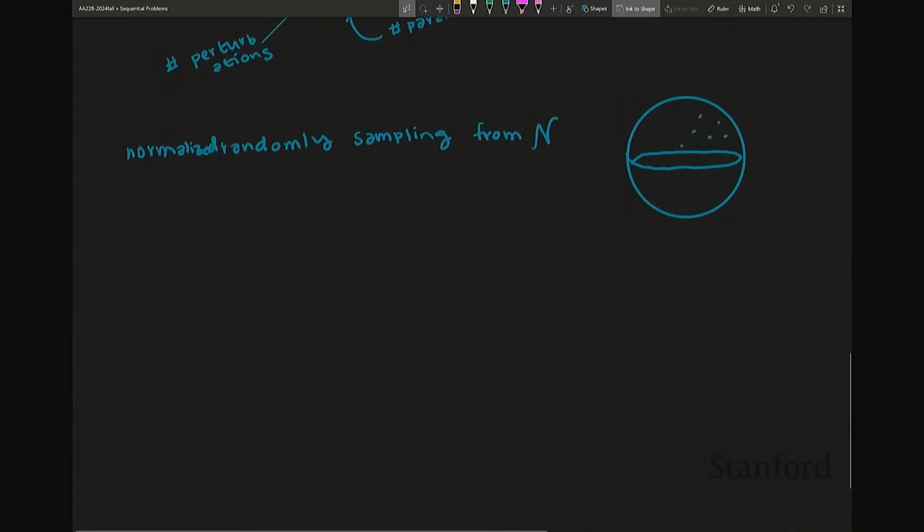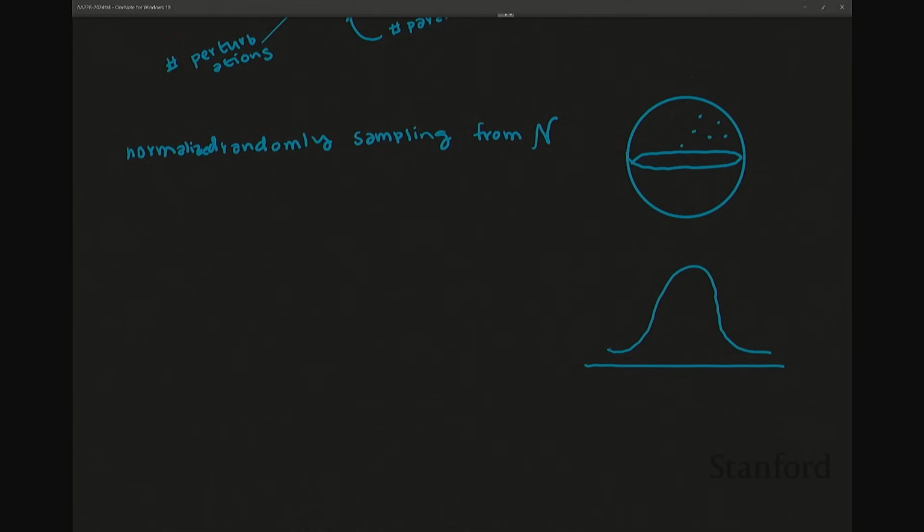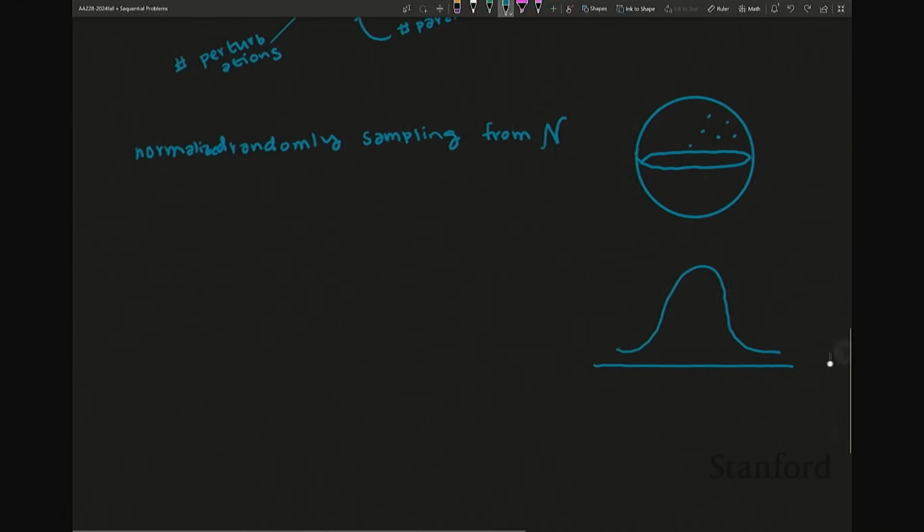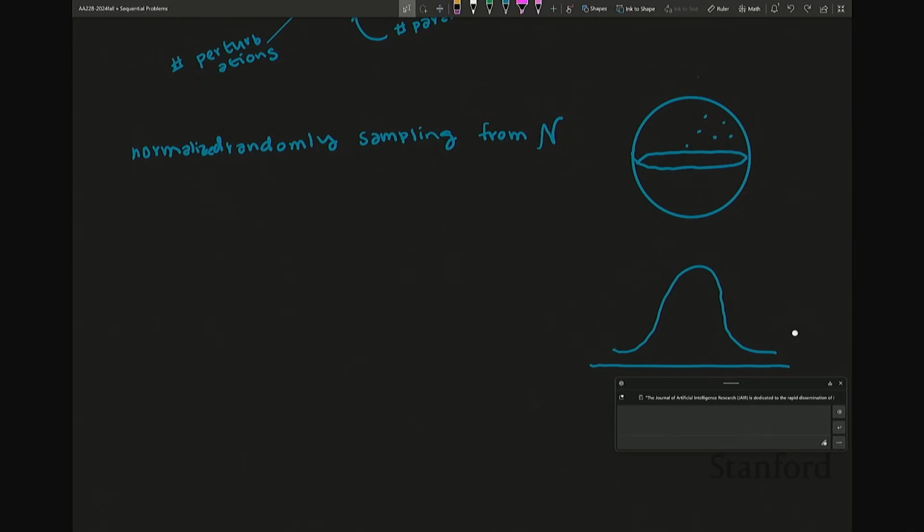Any other questions? Yes? Sorry, could you explain that sampling on the sphere that you just mentioned? Yeah, so let's see. I'll draw a picture, and hopefully this helps, but if not, let me know. So we're sampling from some normal distribution, and we could have any mean mu here.